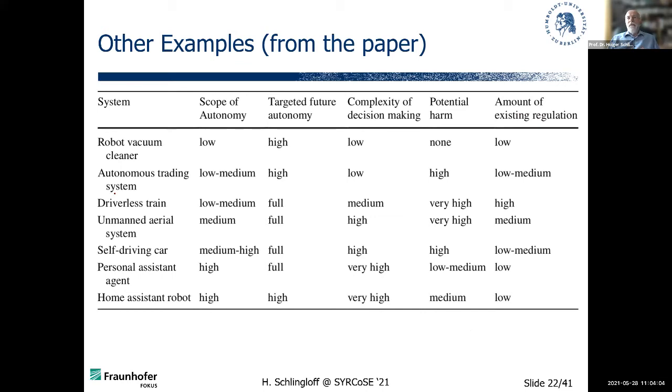However, before diving more into these, I did some work on driverless trains. With kids, I develop soccer robots, which could be compared to vacuum cleaners. But I'm not developing home assistant robots.